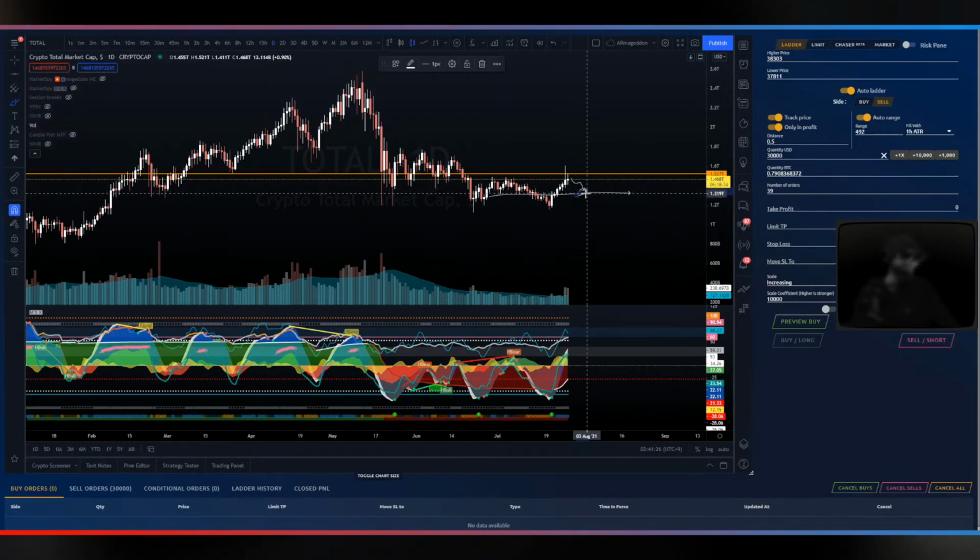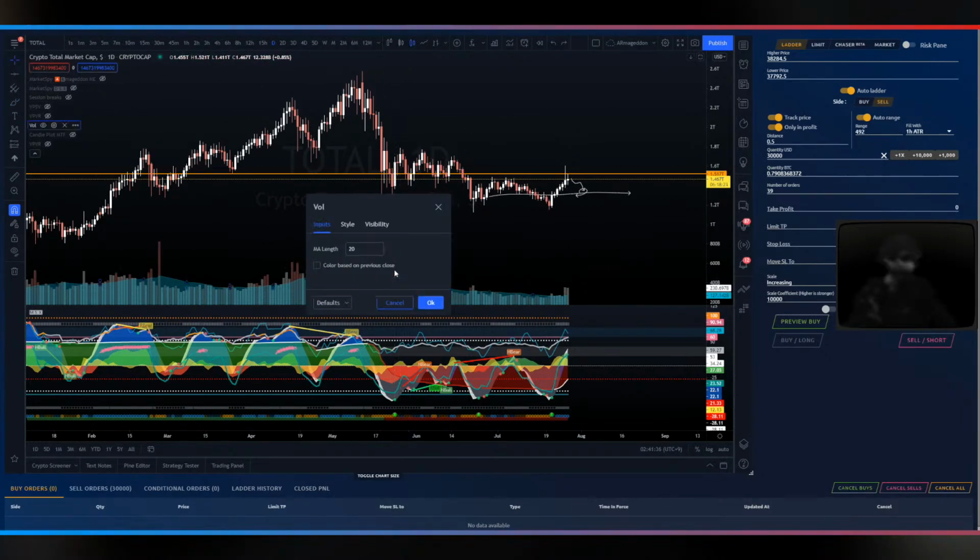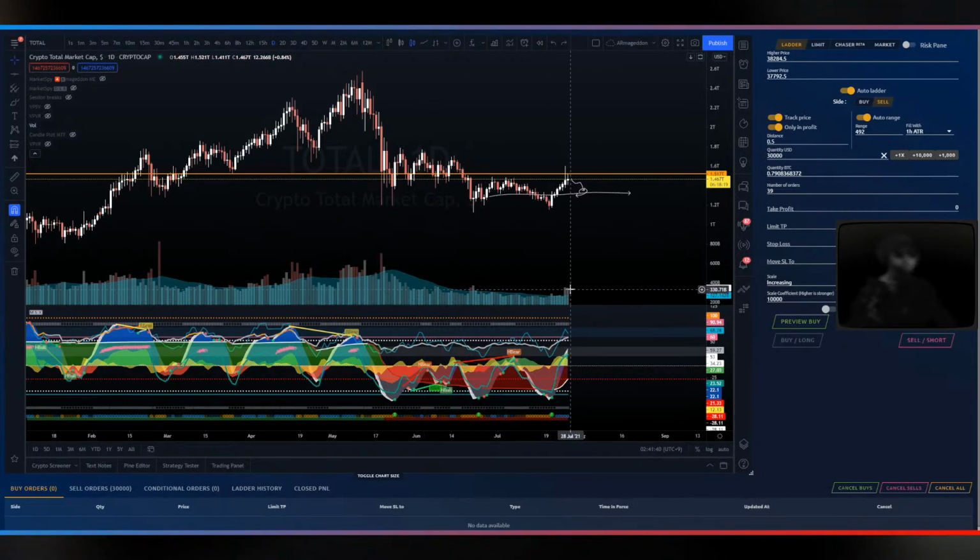Gap closing pullback, and I think more. Notice how we had broken out from the moving average on the volume profile here. The MA length is 20, so we're above the normal market cap of all of crypto here, and it was an explosive move at the top here.